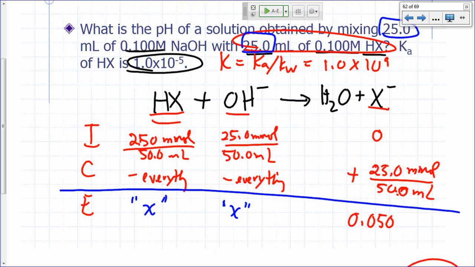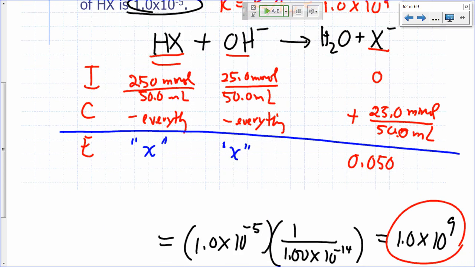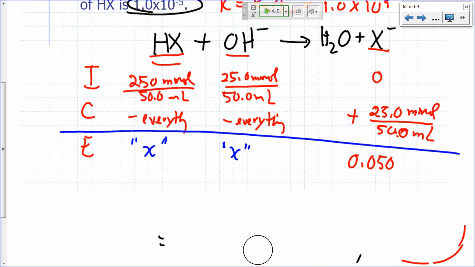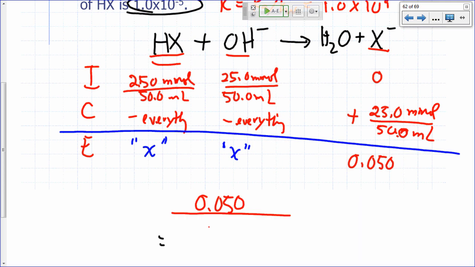So how do I solve for the pH? I'm going to say that 0.050 over x squared is equal to KEQ, which is 1.0 times 10 to the 9.